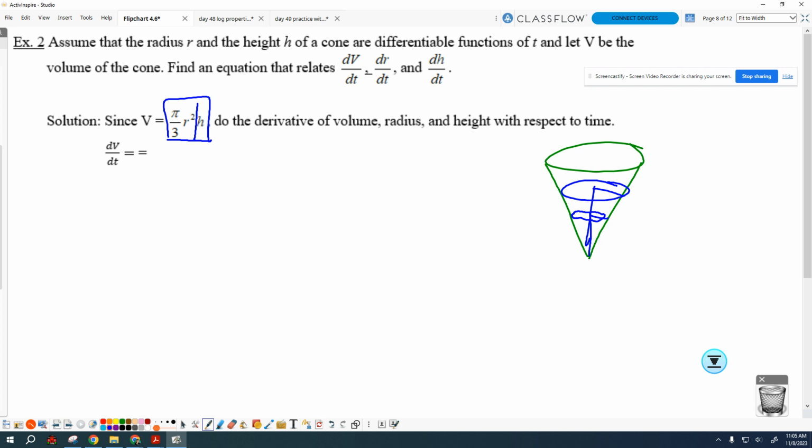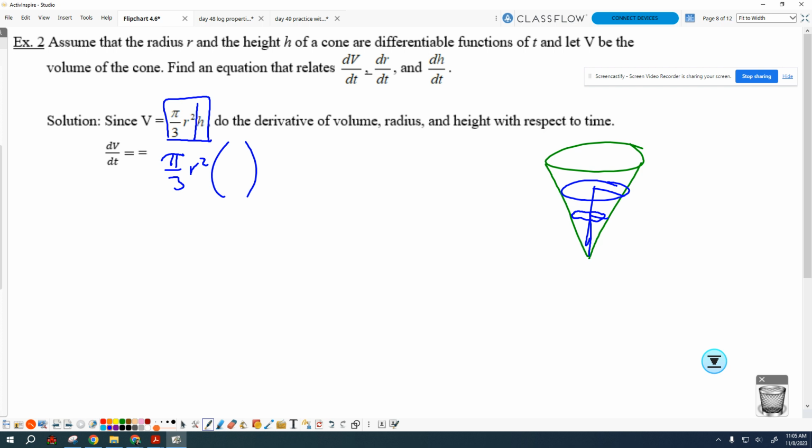Sam, what is the derivative using product rule? dV/dt equals the derivative of the first part, you get 2/3 pi r times h. So first times the derivative of the second.